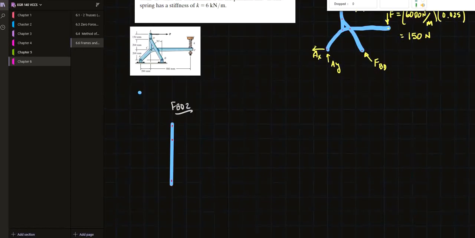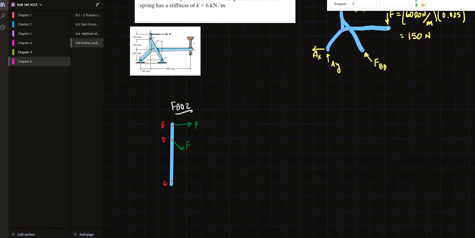So our second free body diagram goes from E to C. This is D here. We have a load P on this. We have our force here that is drawn, so this is in tension.